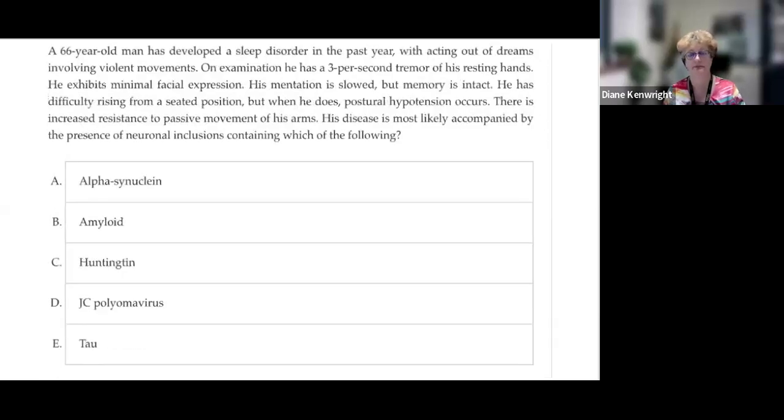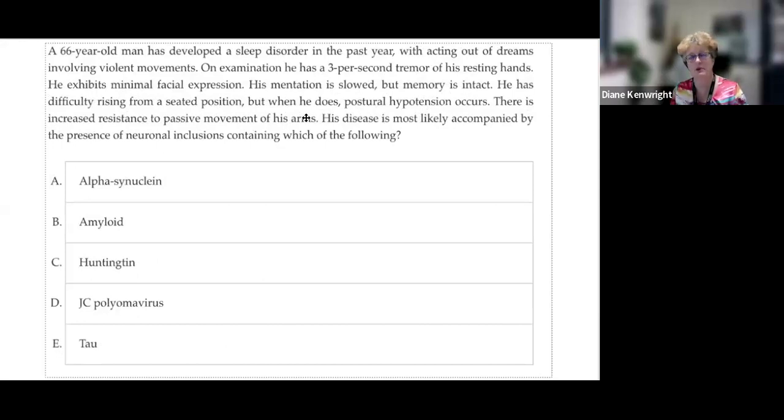Here we go. Right, someone has a sleep disorder and acts out dreams involving violent movements. He has a 3 per second tremor of his hands. He has blank facial expressions, slowed mentation, but his memory is intact. Difficulty standing, and when he does, postural hypotension occurs. There's increased resistance to passive movement.